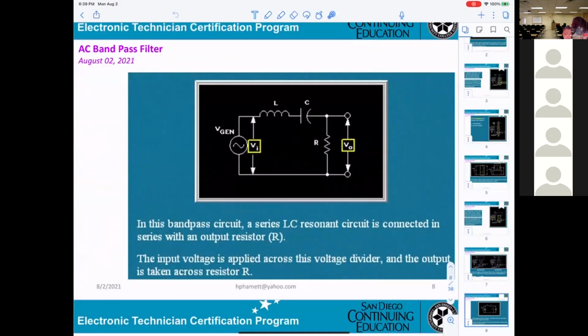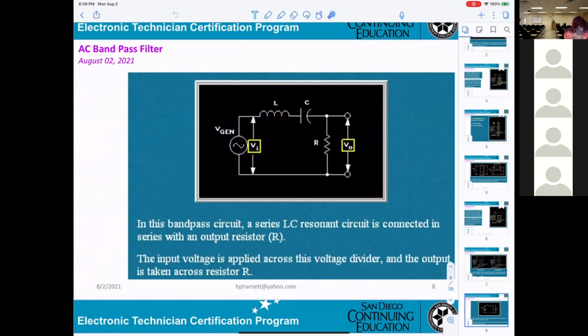Okay, in this band pass circuit, a series LC resonant circuit is connected in series with R. The input voltage is applied to this voltage divider.